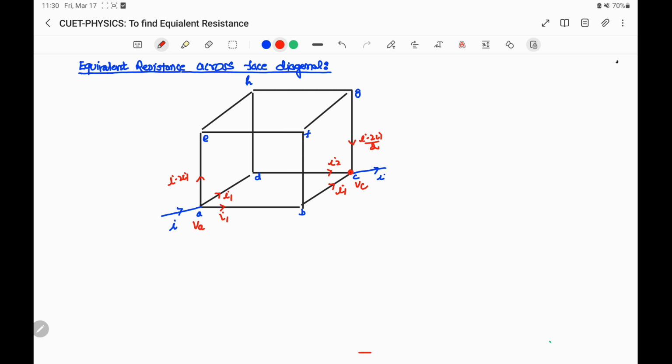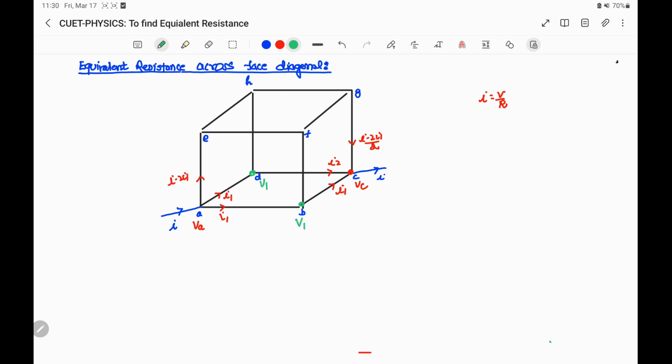Now, we can use the formula I equal to V by R. If resistance and current are the same, then the potential difference will be the same. And because the potential at A is VA, and the branches AD and AB have the same current, the potential at D and B will be the same. Suppose this is V1.